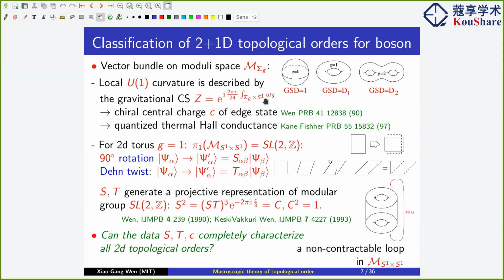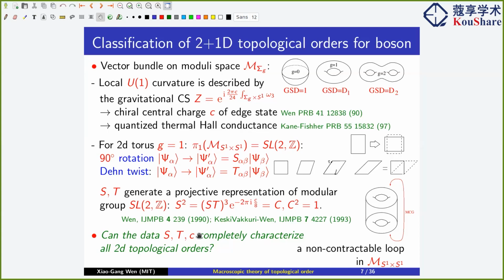Okay, so the key point here is that when I say topological order, it is something very abstract. Now you can think of topological order as just the ST matrix. Or maybe the ST matrix is not enough, and maybe there's a central charge, the chiral central charge c. So the ST matrix and c may be a way to quantitatively characterize topological order.